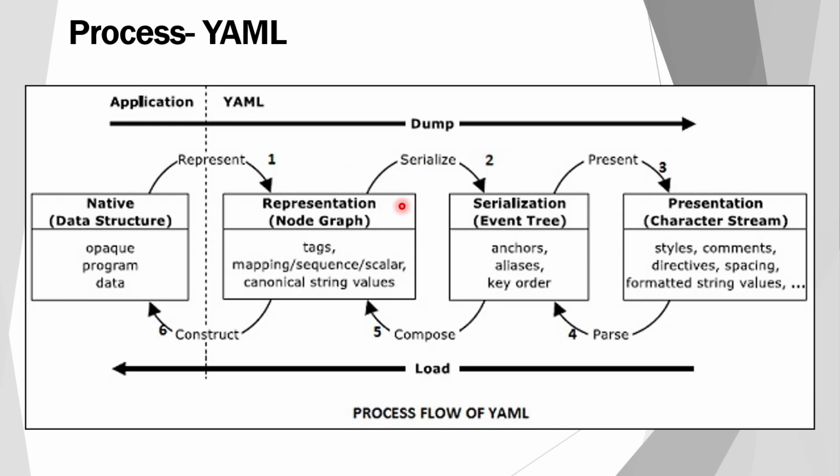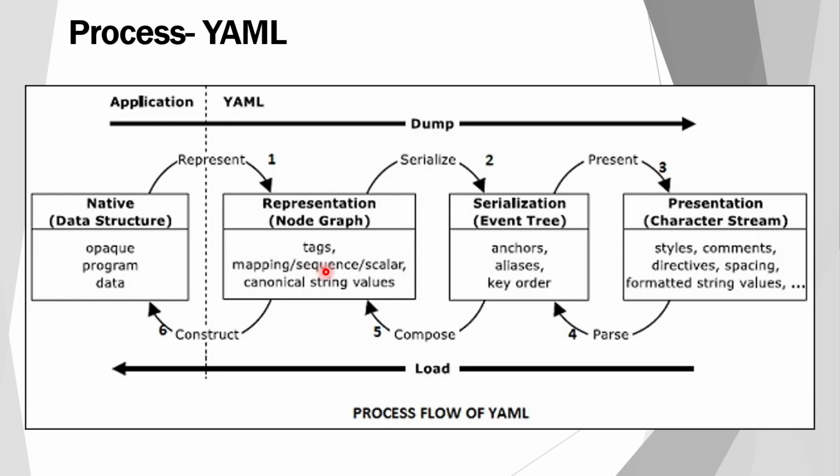So let's discuss first about representation. YML basically represents the data structure using three kinds of nodes: sequence, mapping, and then scalar, right? Now let's understand the sequence. Sequence is like you are writing one piece of YML code and defining each product or each configuration or each dictionary one by one.